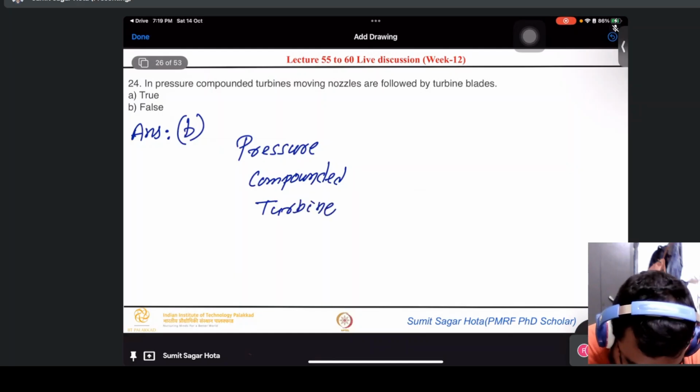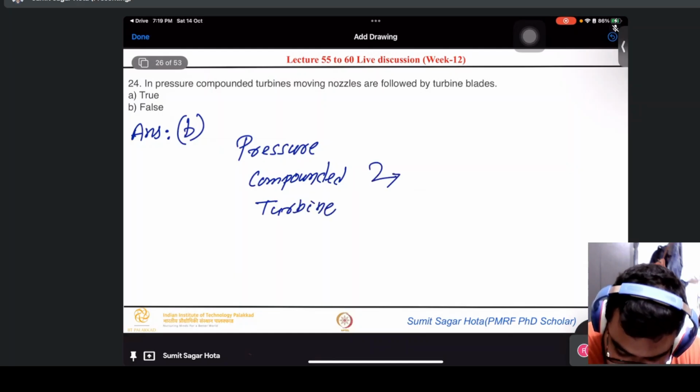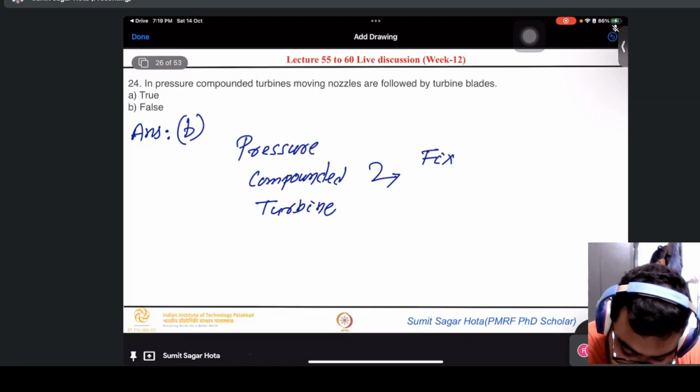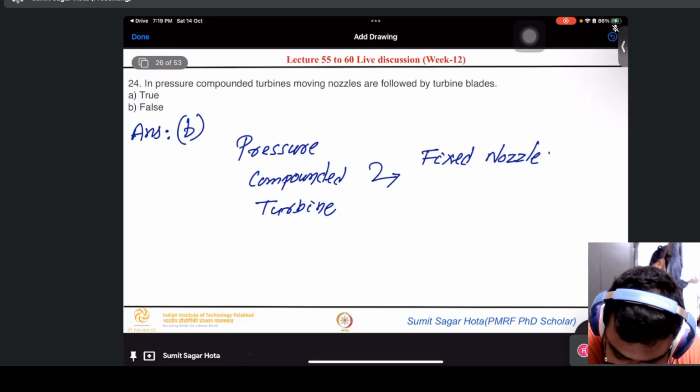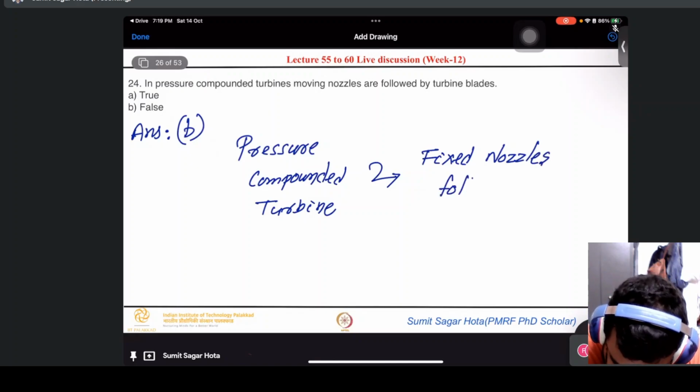Pressure compounded turbine: the fixed nozzle is followed by moving blades.